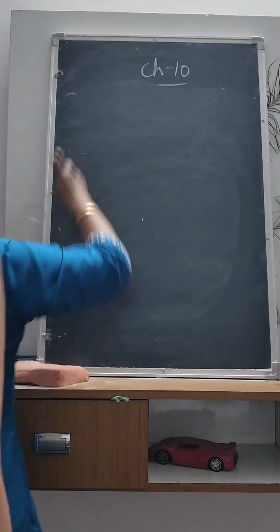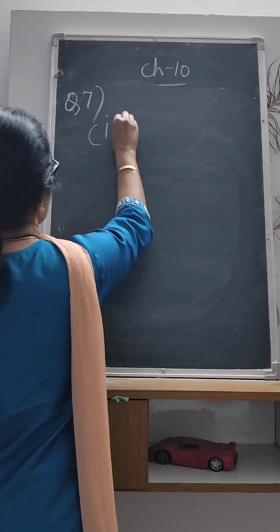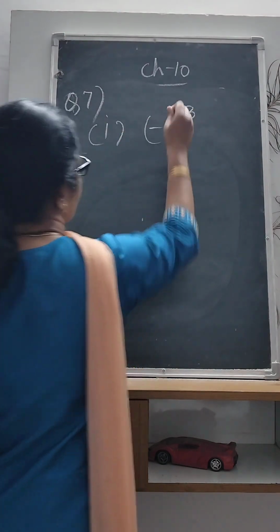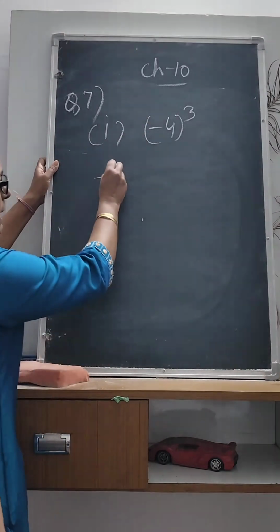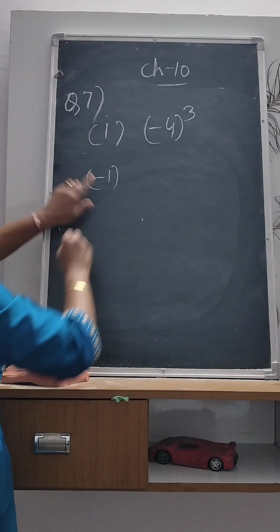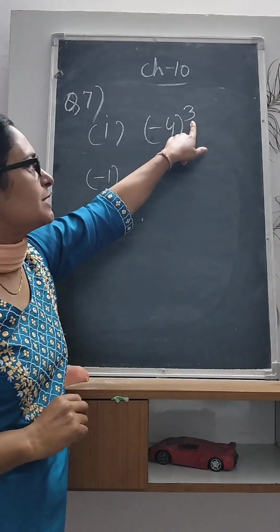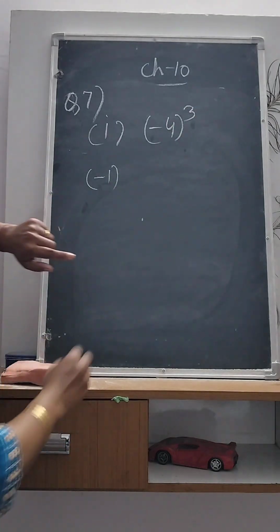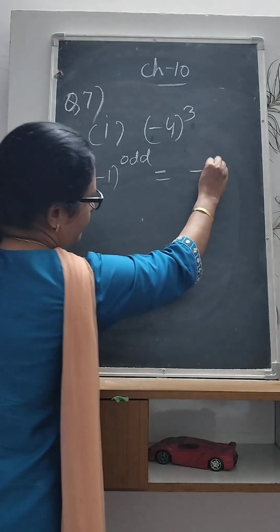In question number 7, it is written, simplify: first part, minus 4 raised to power 3. Now students, here also remember, as I have told you, I will tell you more laws in between. When we are multiplying a negative term an odd number of times, we will get a negative answer.